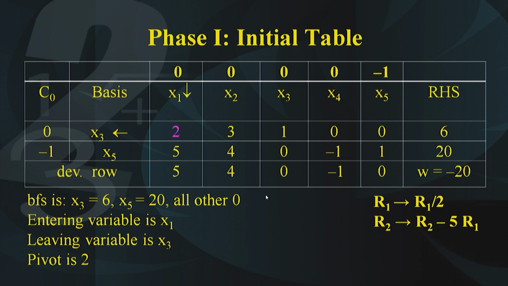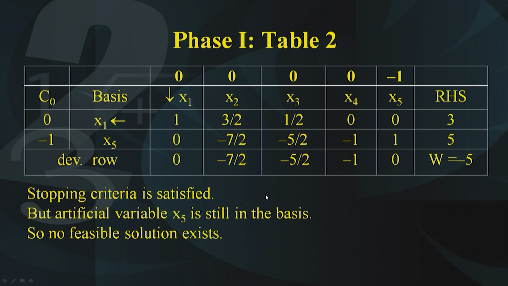And that is what you want. So, by applying these elementary row operations, this is what you get. The first row was divided by 2. So, this becomes 1, this becomes 3 by 2, this becomes 1 by 2, 0, 0 and 3. So, this is the first row.